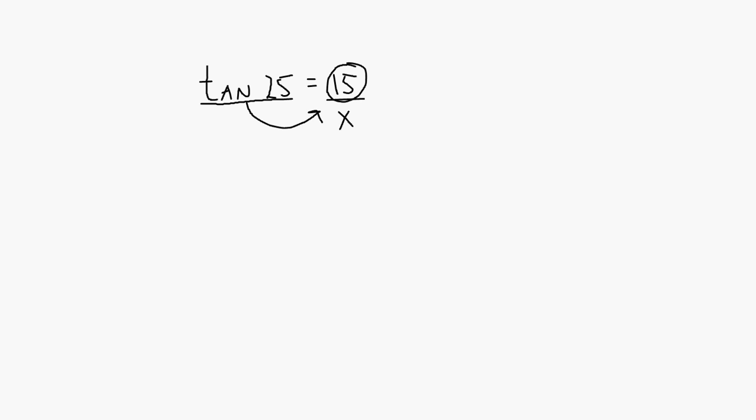You can just move the x to the other side and take 15 and divide it by 25 tan. Should get 32.17. That's the process when the variable's in the denominator. It's the numerator divided by whatever's on the other side.